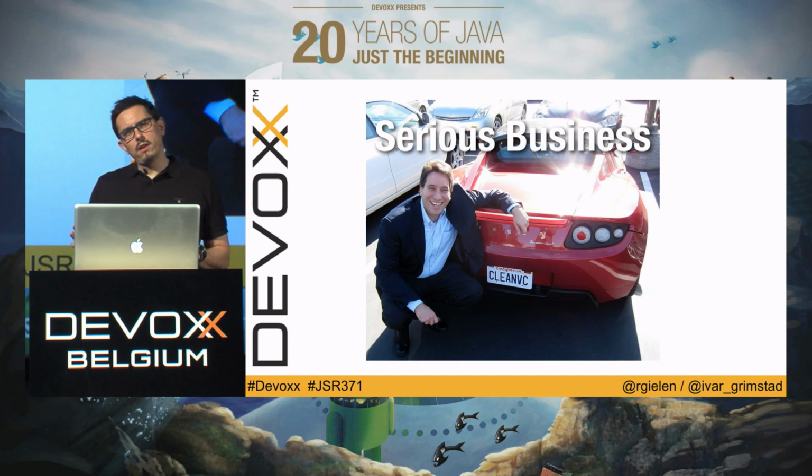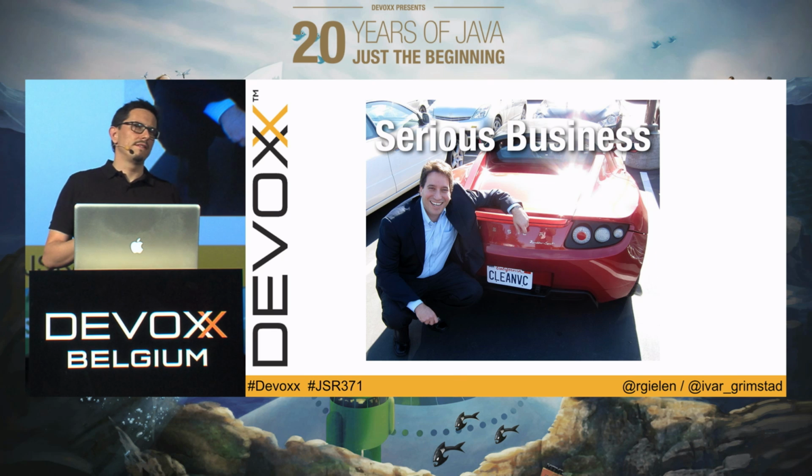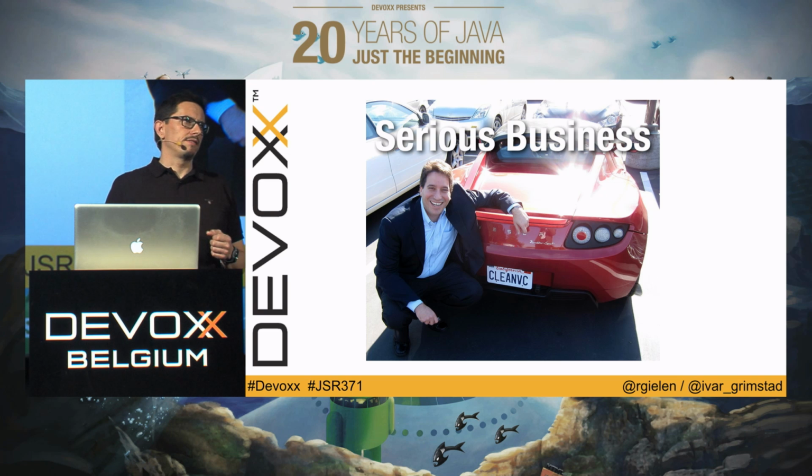But then there came some people up and said, okay, we have some serious business needs, and we have serious business applications, and we want to go into the browser and do stuff. And actually, they thought, okay, we need a better tool to address this.